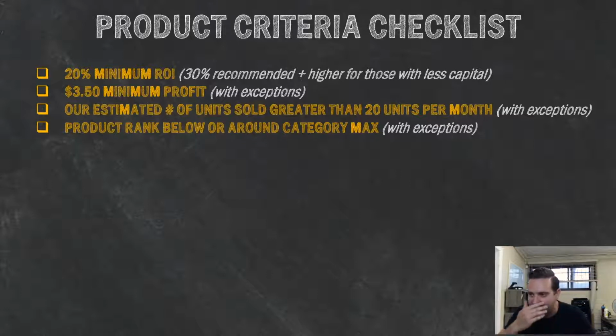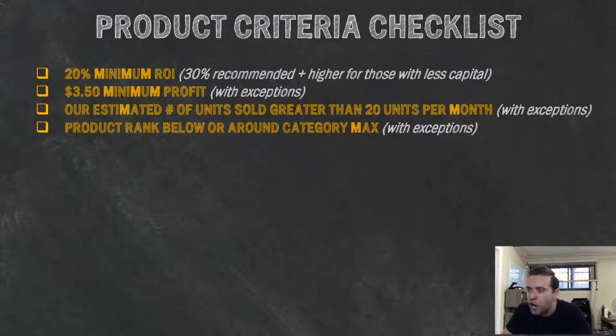Again, that's just a guide. If I say maximum rank 50,000 and you see something at 60,000, 70,000, go for it. These are not set in stone. It's just something to give you guidance that when you're looking at a list with hundreds of products and all of them are above the category max, you can just skip it and go on to researching something else.